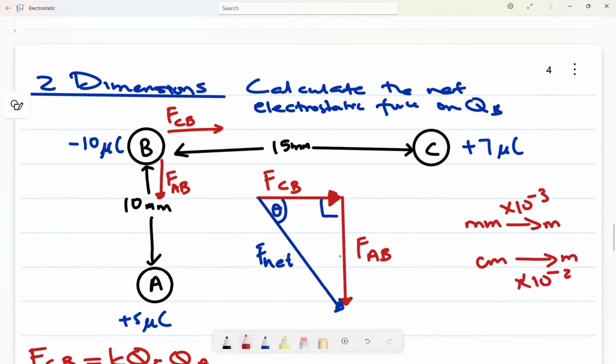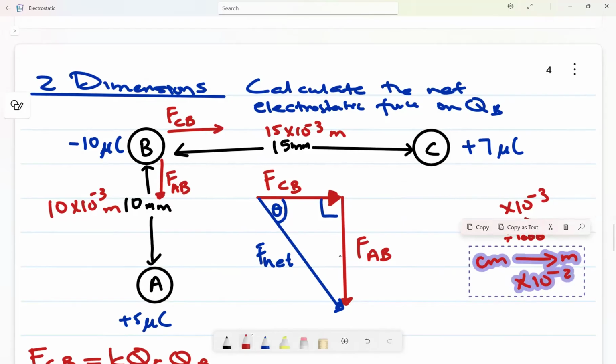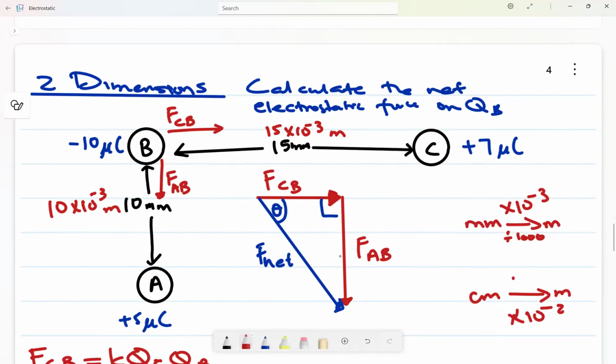So here I'll say this is 15 times 10 to the power of negative 3 meters. Here it is 10 times 10 to the power of negative 3 meters. Or you can say divide by 1000. Here you divide by 100, however you use it.